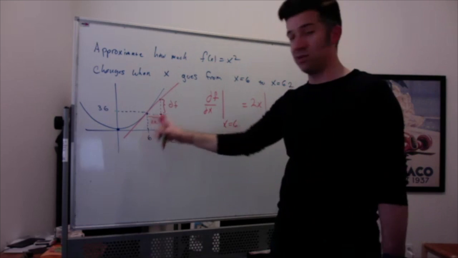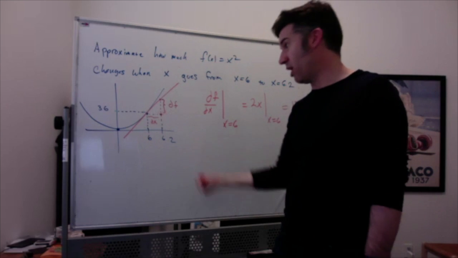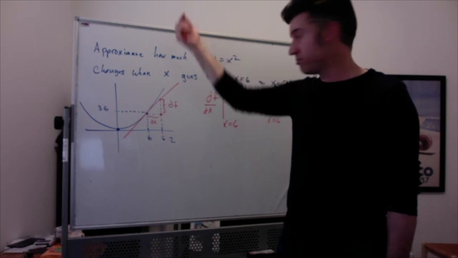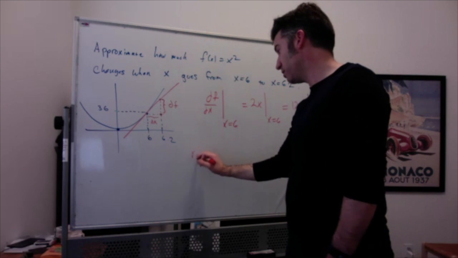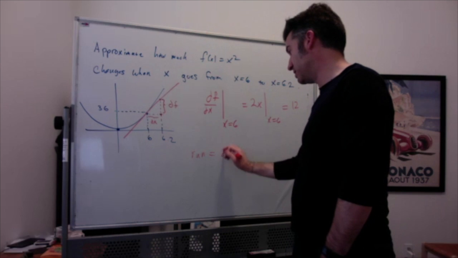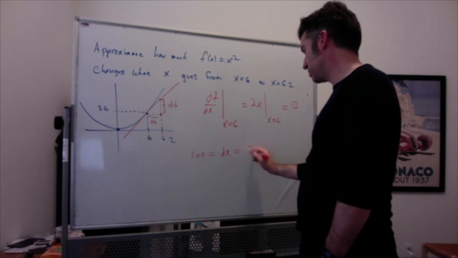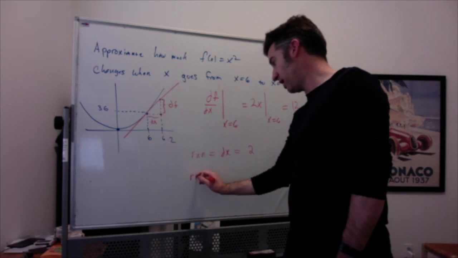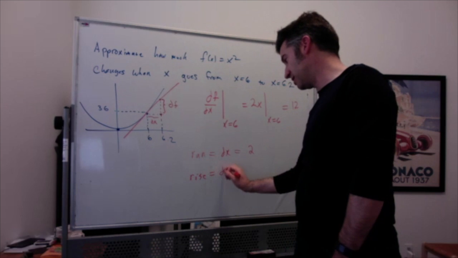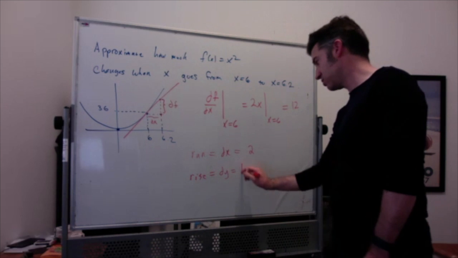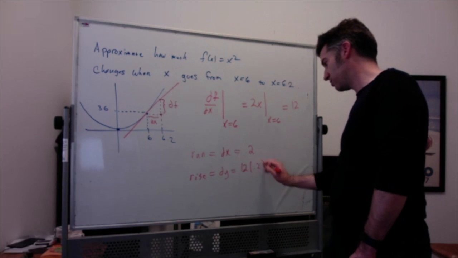If I go 0.2 over, I'm going to go up 12 times 0.2. So if the run, aka the dx, is 0.2, the rise, aka the dy, is 12 times 0.2.